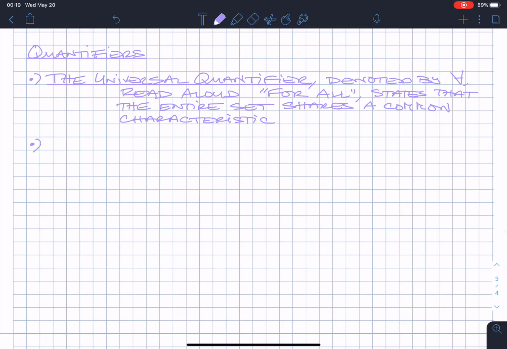And the second type of quantifier is called the existential quantifier. For those of you that have taken philosophy, you may have seen these before, the universal and existential quantifier.